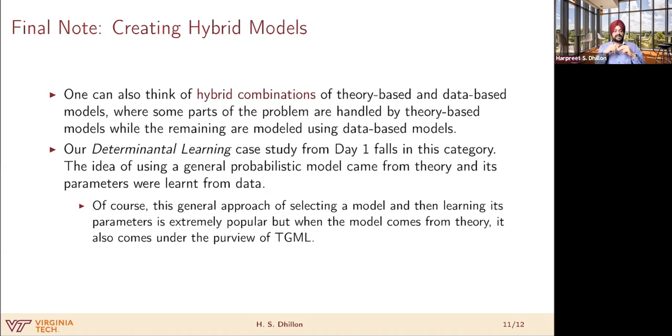We then said that let's select a probabilistic model that puts certain probability distribution on the selection of these links from my base set. And the selection is such that if you select one link, then selection of its very close link is negatively correlated. And that was a determinantal point process, right? That again comes from, I would say, sort of domain knowledge. And then we learned its parameters using machine learning, right?